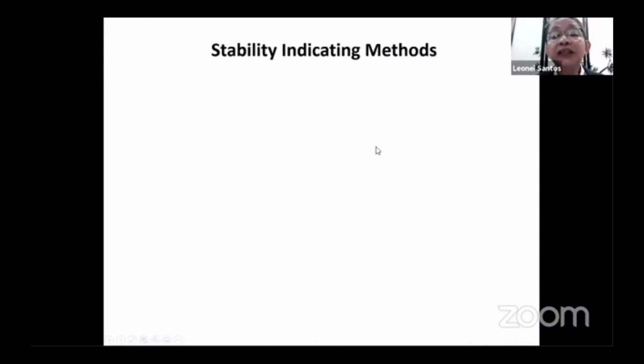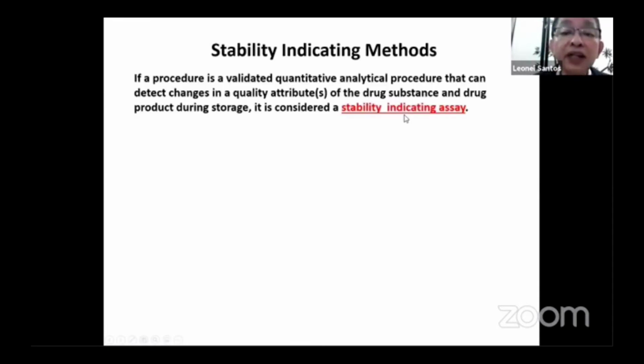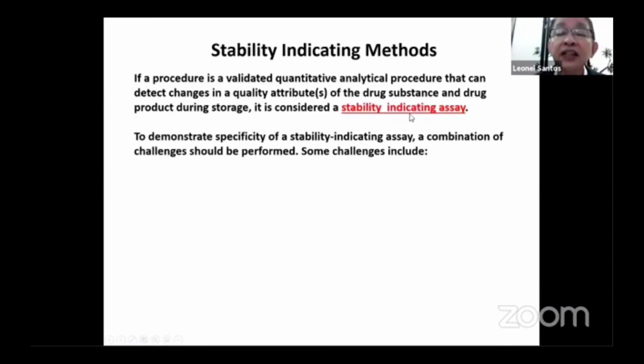The stability indicating method is something that the United States FDA has required for many in the pharmaceutical industry. A stability indicating method, as a term, is able to monitor the stability of the drug product and drug substances. For many years, the analytical method of choice was, for example, TLC or titration, and these are not stability indicating procedures.